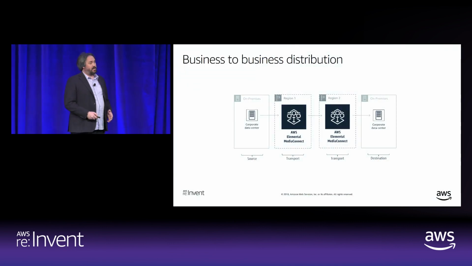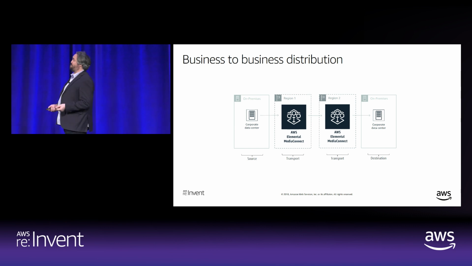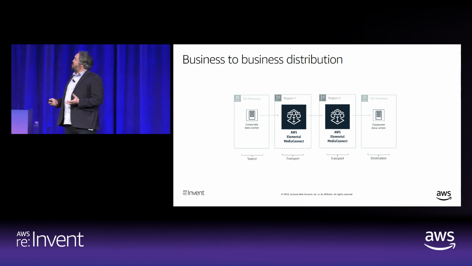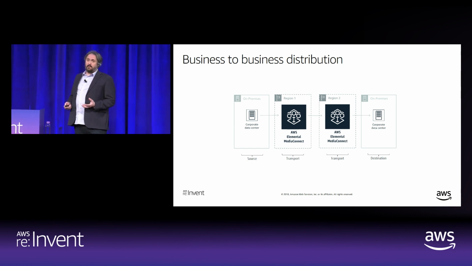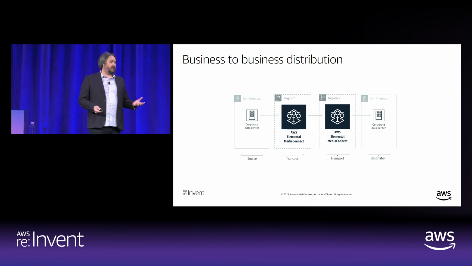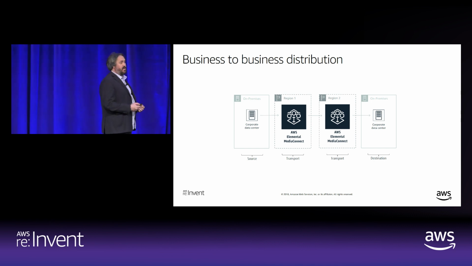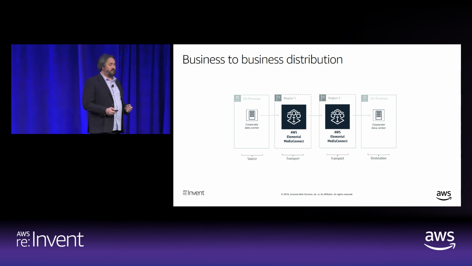So looking at distribution, I love this diagram the most. This is my favorite slide in many ways, because if you think about what this really represents, this is a distribution between, let's say, New York and London, and it's a few things. It's a couple of MediaConnect flows, and you've set this up in the best part of a minute.